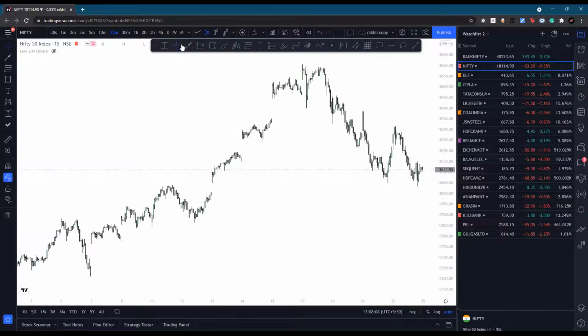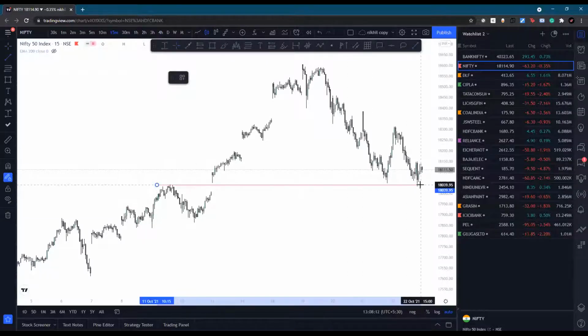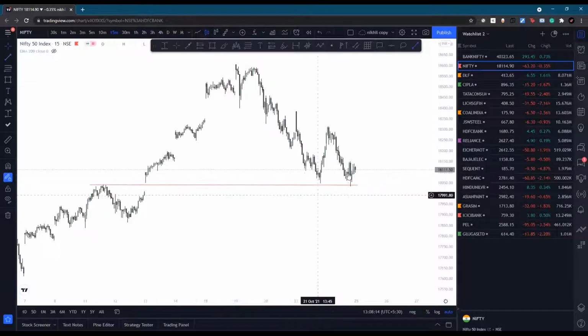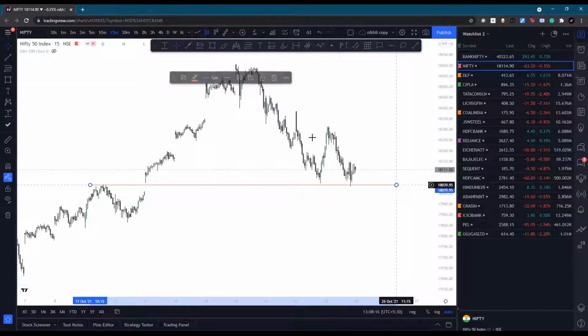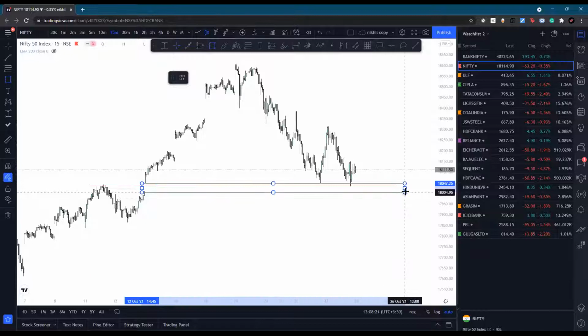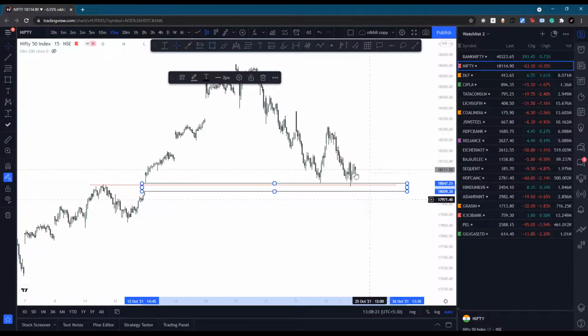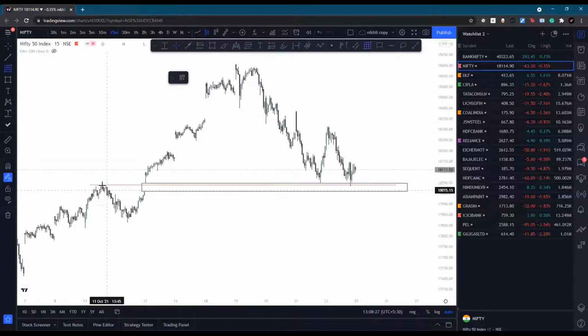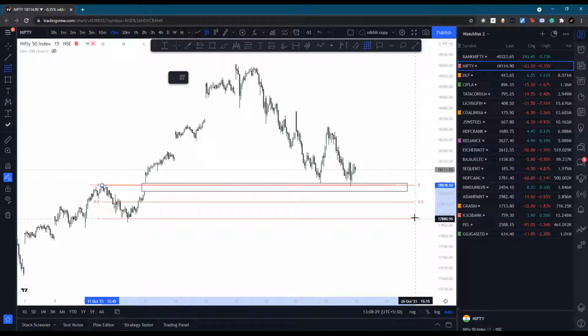We have this support here. It has tapped that support. But the real problem is this gap here. It has to fill that gap, and then the breaker block.